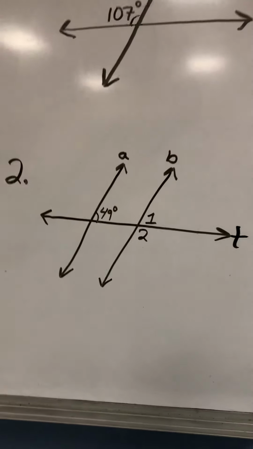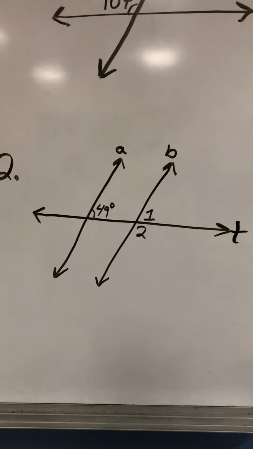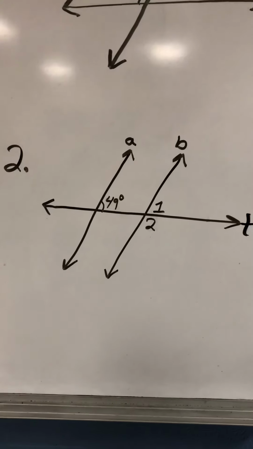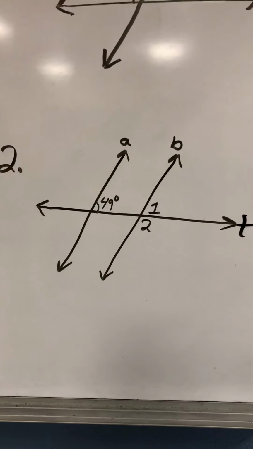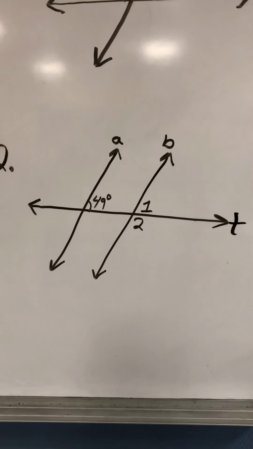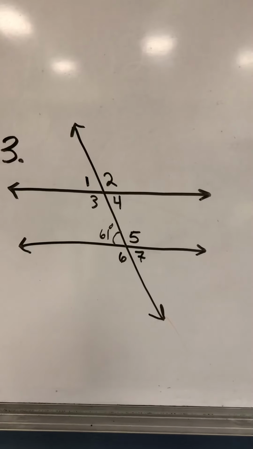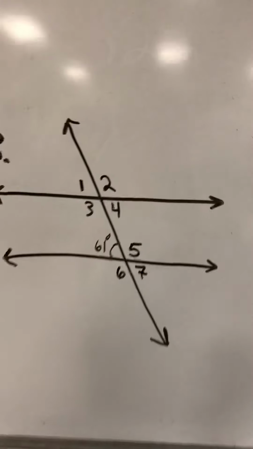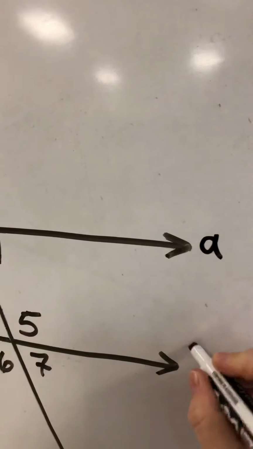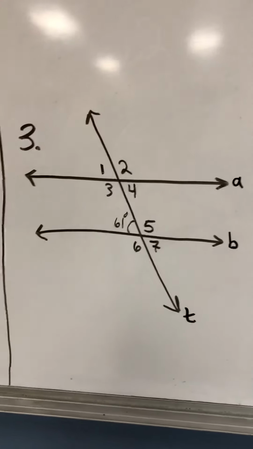And last but not least, I have a challenge problem for you. Now, when you see this one, do not panic. If you remember back through what this video has already talked about, you will be able to figure out all of this. Here's challenge problem number 3. I didn't label these lines again, I'm sorry. We have lines A and B parallel to each other, with a transversal line T running through them.